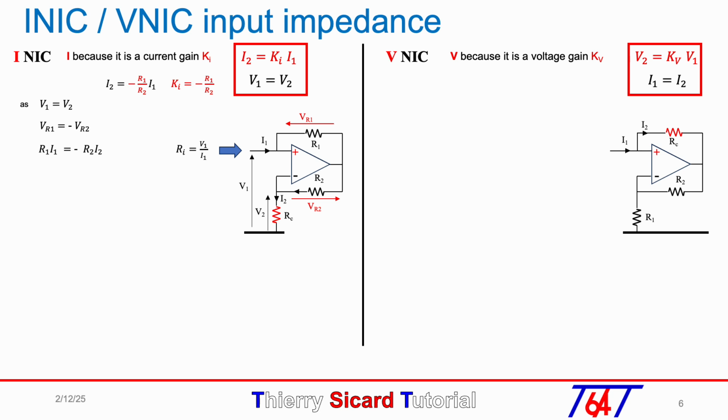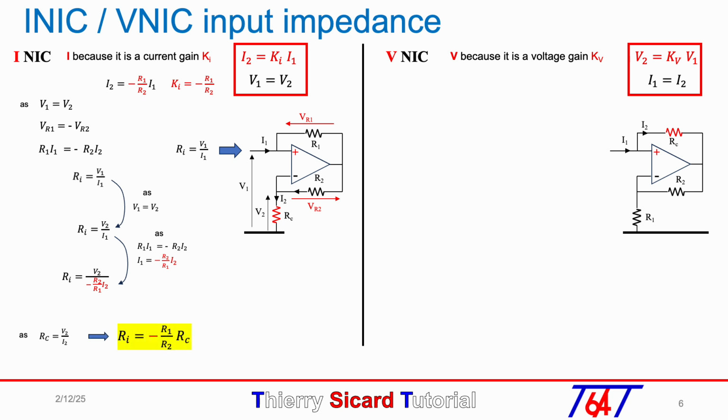So Ki equal minus R1 over R2. Now in the Ri relation, we replace V1 by V2, then we replace I1 versus I2. As Rc equal V2 over I2, we can write the input resistance Ri equal to minus R1 over R2 times Rc.